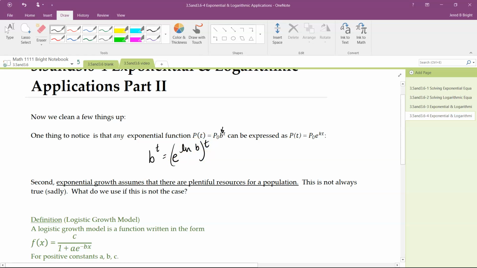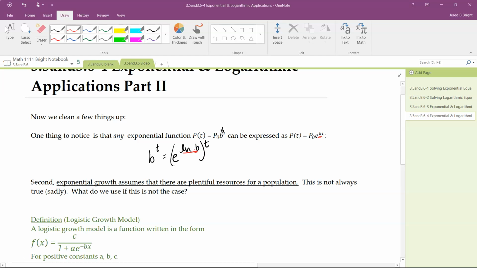After using properties of exponents, k can be expressed as the natural log of b if we have equivalence between these two models.